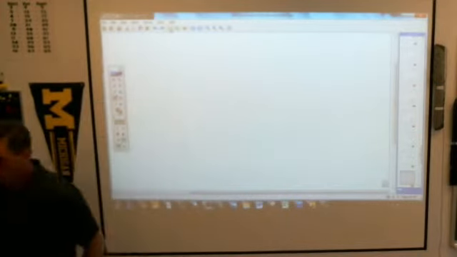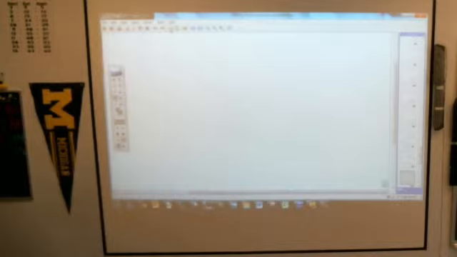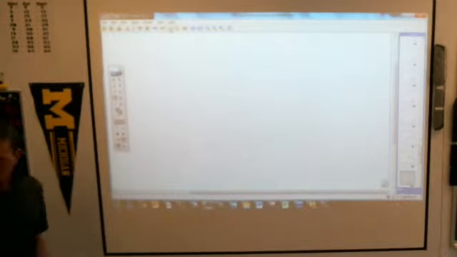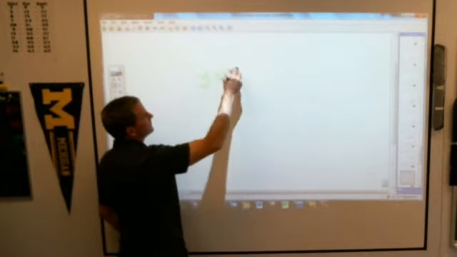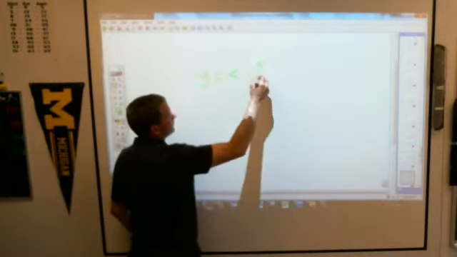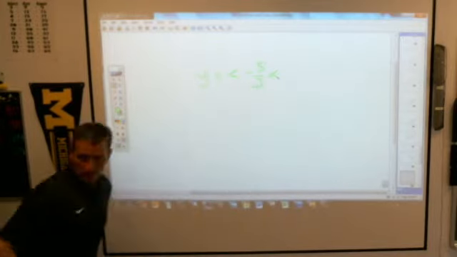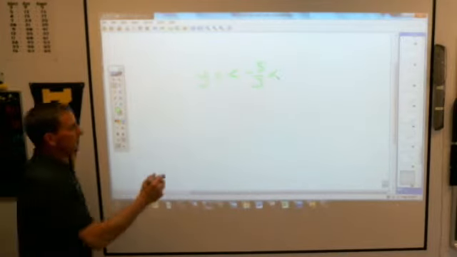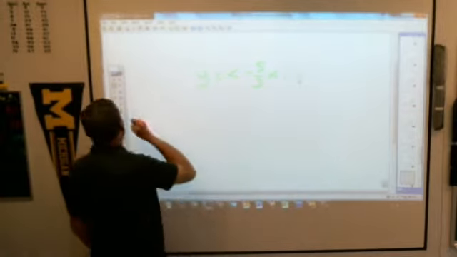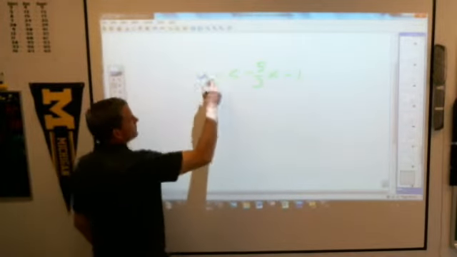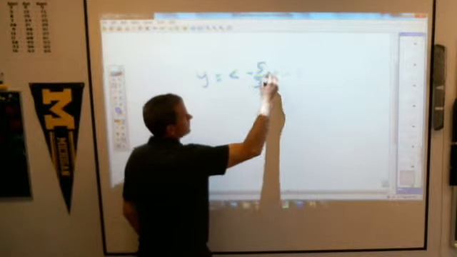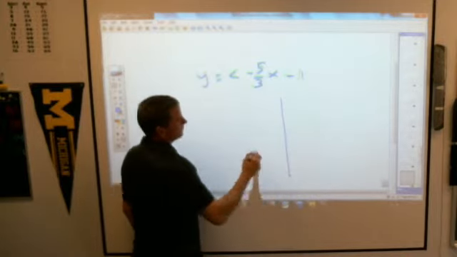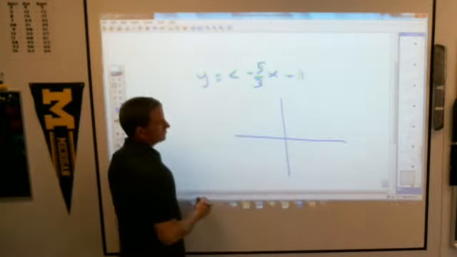So it's really a pretty simple thing. Let me do another harder one. Let's do number 4. Y is less than negative 5/3 x minus 1. And it's a pretty simple process here.